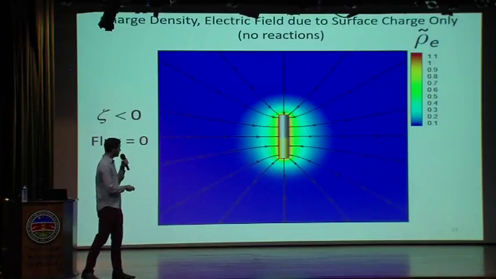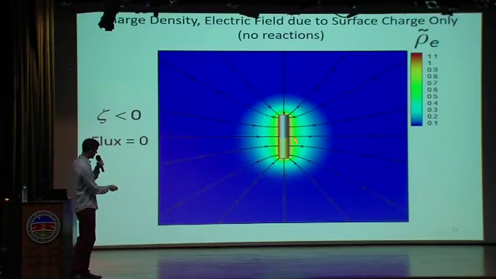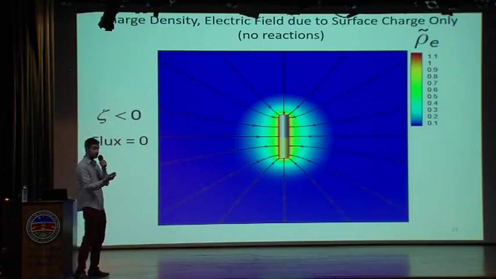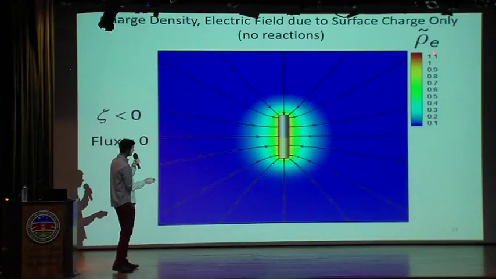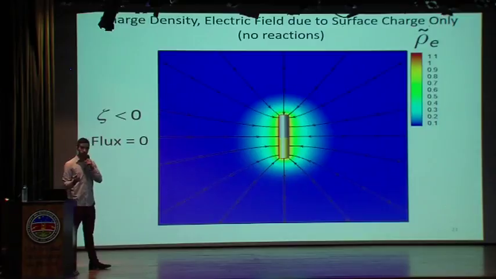Okay? So remember that the ions will form an electrical double layer that has positive charges in it. If the rod is negatively charged, then the charge in the electric double layer should be positive. And that's what we see. So if charge density is positive, that means the fluid is positively charged.